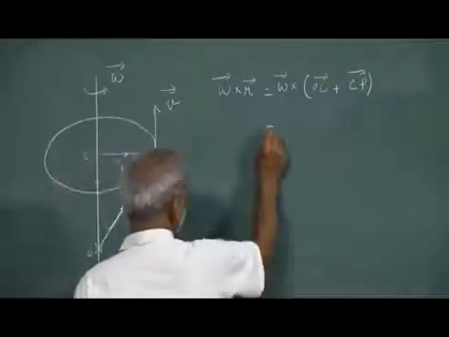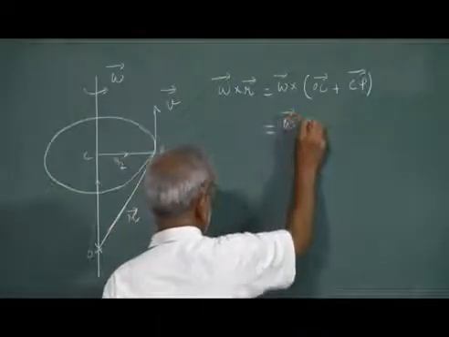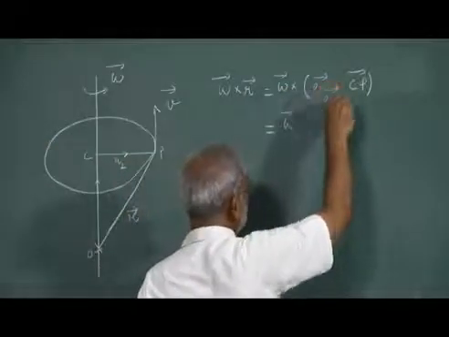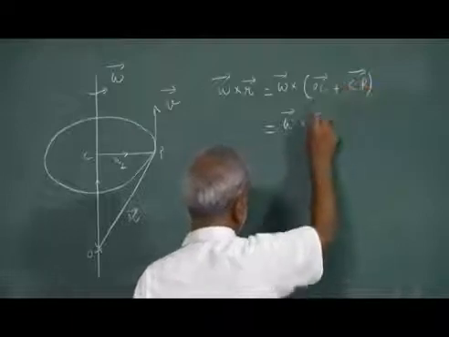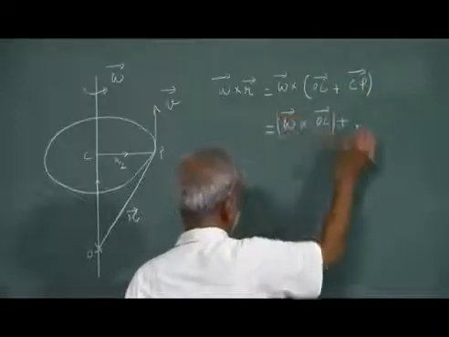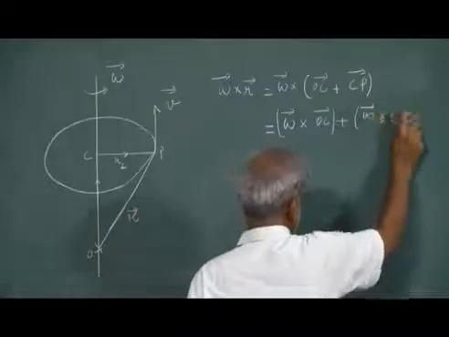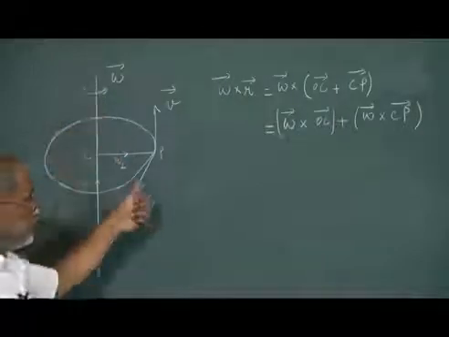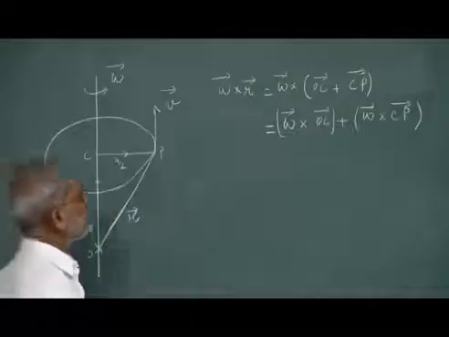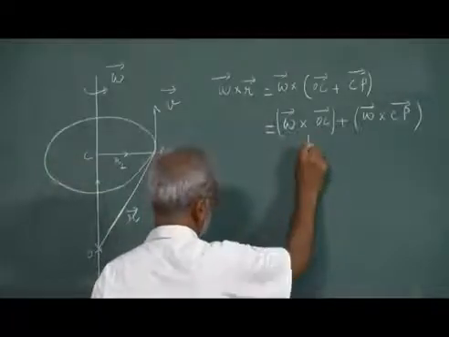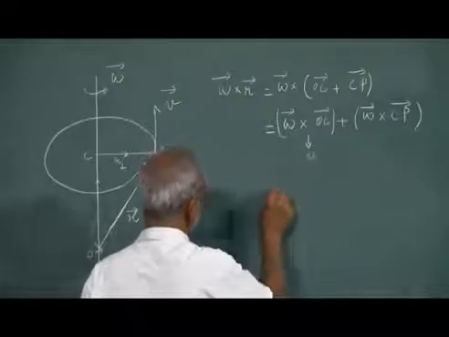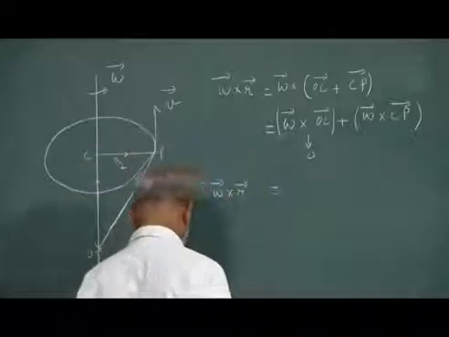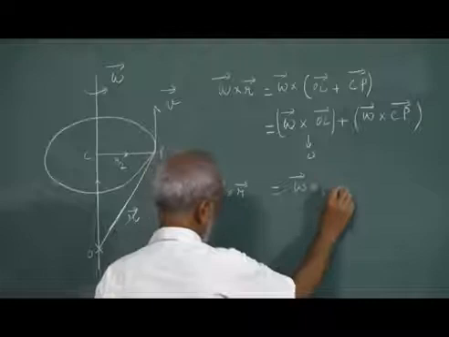So this will be omega cross, this vector product is distributive, that means this crossed with this plus this crossed with this, omega crossed with OC plus omega crossed with CP. You notice that the direction of omega and the direction of OC are the same, therefore this will vanish, this will become 0. So we will have omega cross r is equal to omega cross CP.